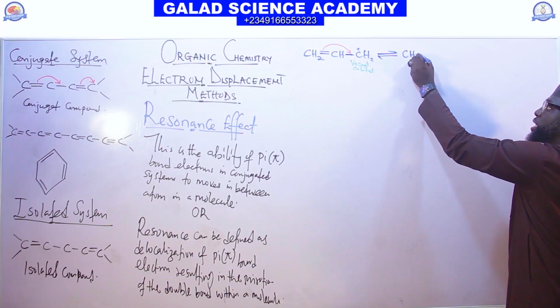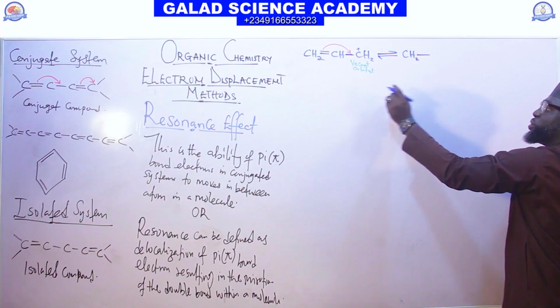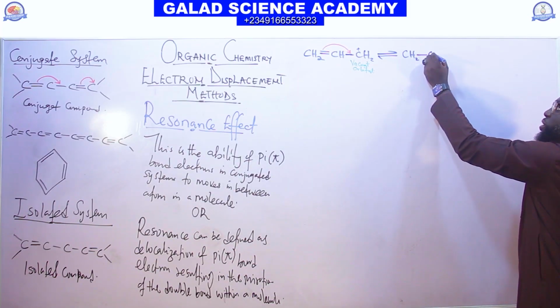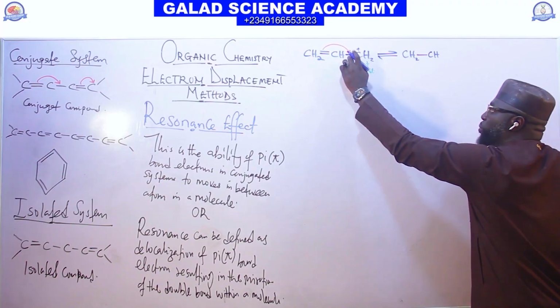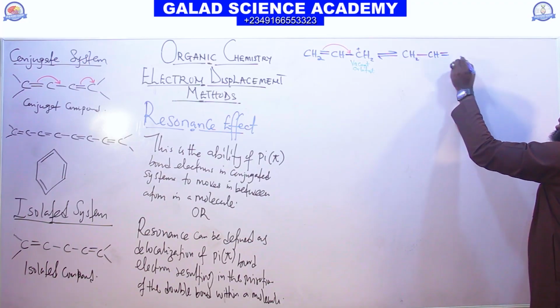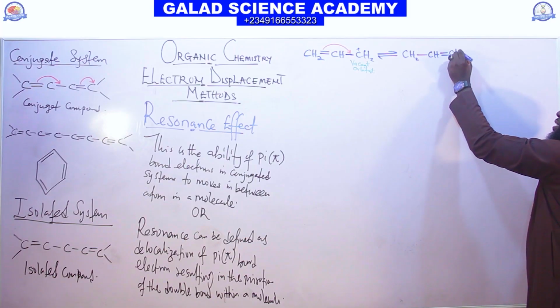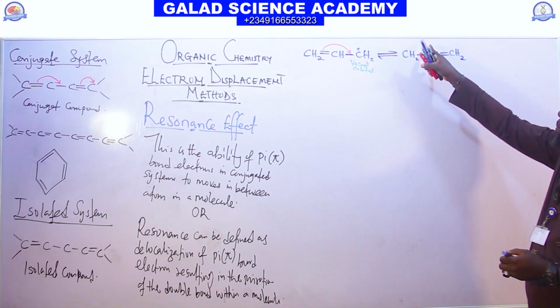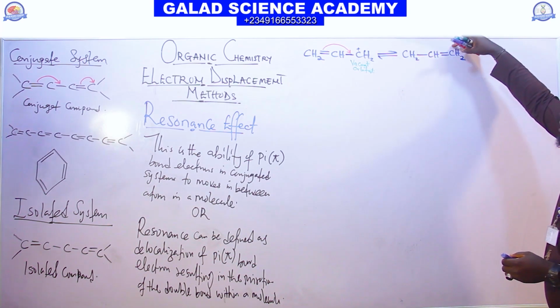CH2. Instead of having a double bond, it will remain a single bond. And here we have CH, and instead of a single bond here we have a double bond, CH2. Look at this side now. We had positive here before.